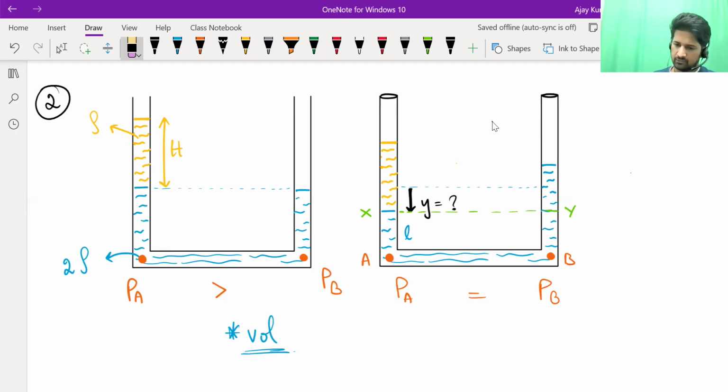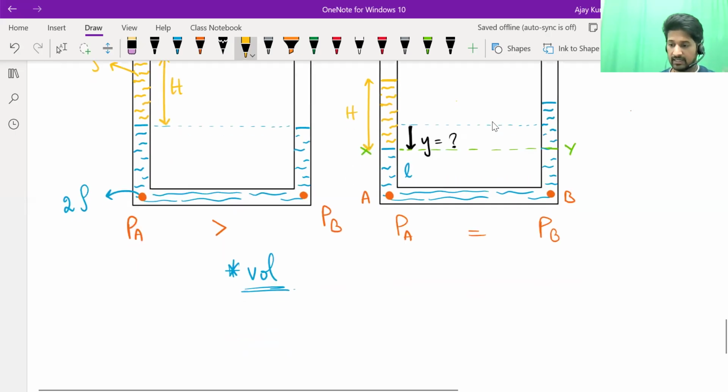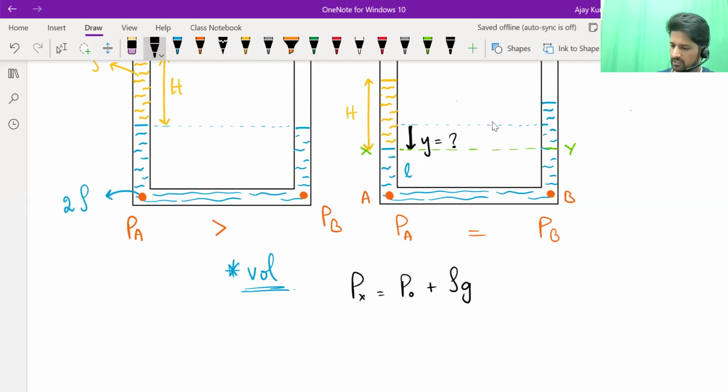Now we need that distance y. We know that the height of that yellow liquid is H. Therefore, the pressure at X, in terms of that height capital H, will be atmospheric pressure plus density of the yellow liquid into g into the depth in that yellow liquid. On the right side, pressure at Y should be equal to the pressure created by this much of the blue liquid.